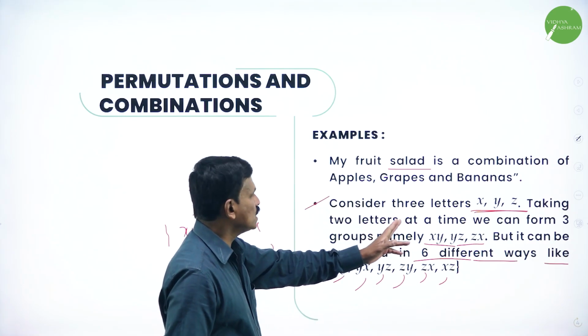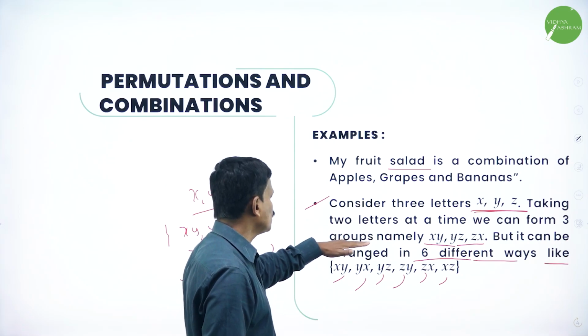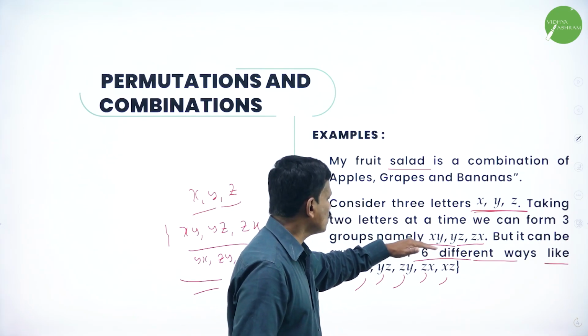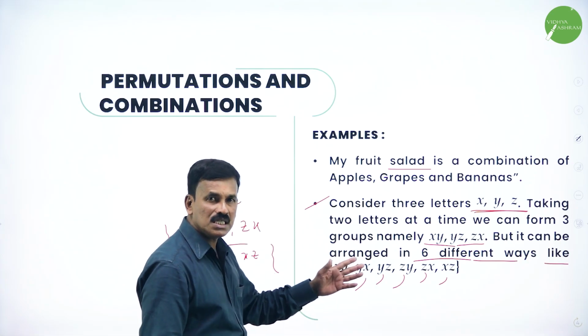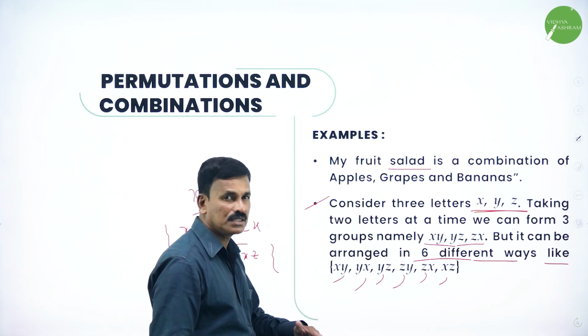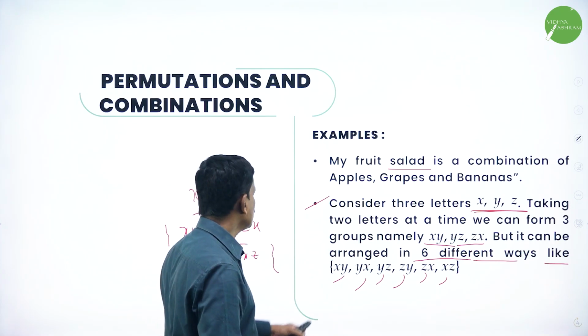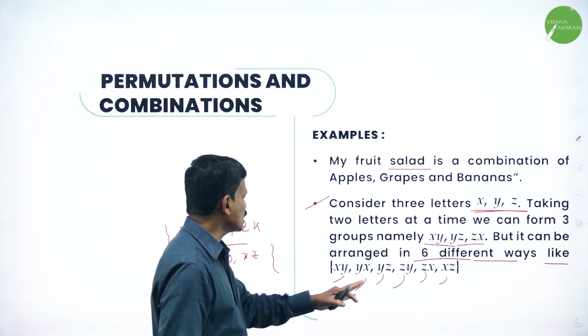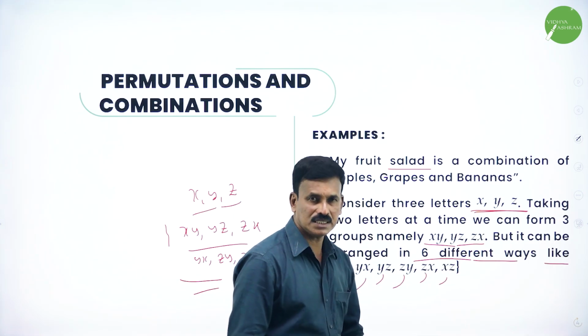So 3 letters X, Y, Z taking 2 letters at a time can be formed into 3 groups like XY, YZ and ZX. But it can be arranged in 6 different ways, the arrangement: XY, YX, YZ, ZY, ZX and XZ.